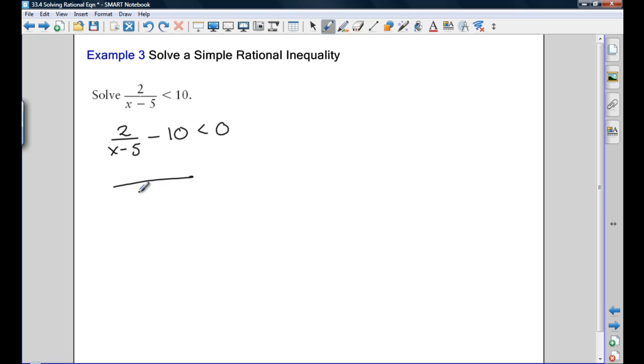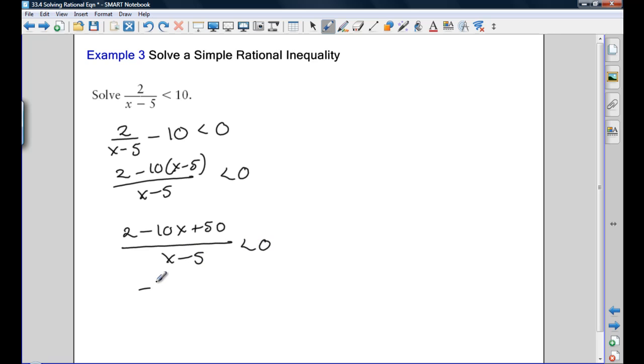I'm going to find a common denominator of x minus 5. And I'm going to multiply negative 10 by the missing x minus 5. I'm going to simplify up top, so I have 2 subtract 10x plus 50 all over x minus 5.